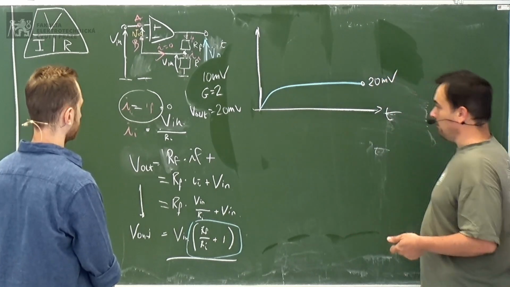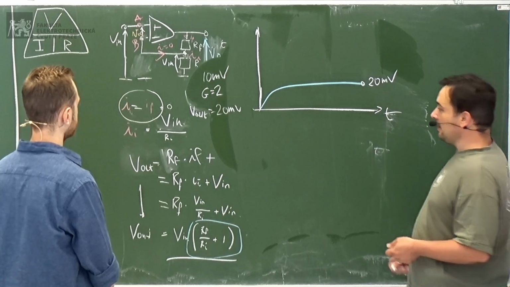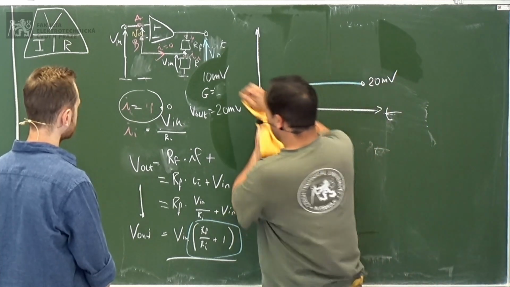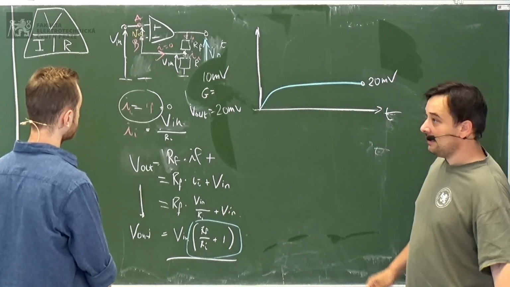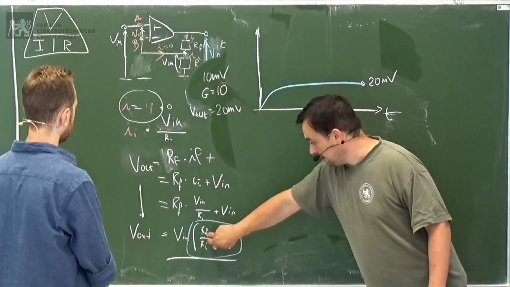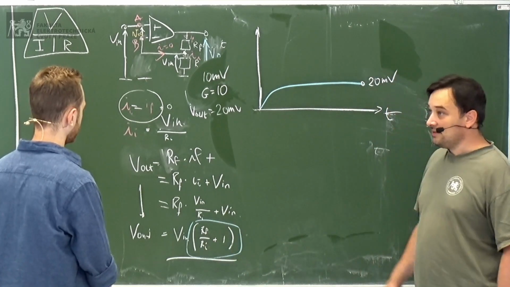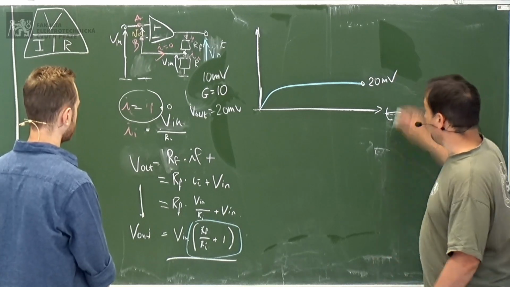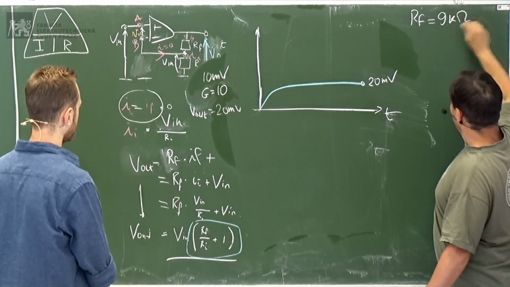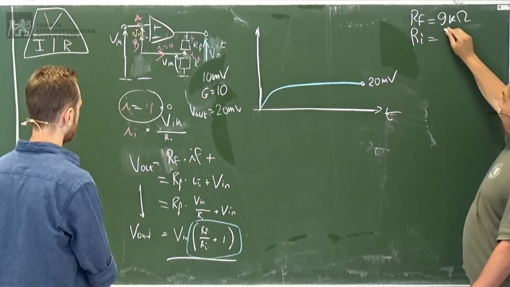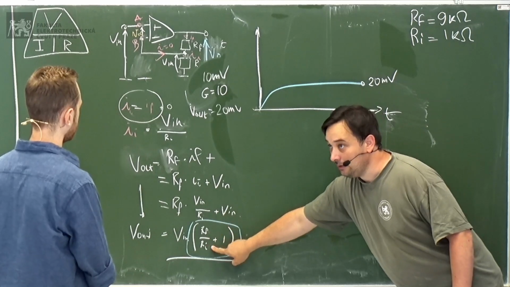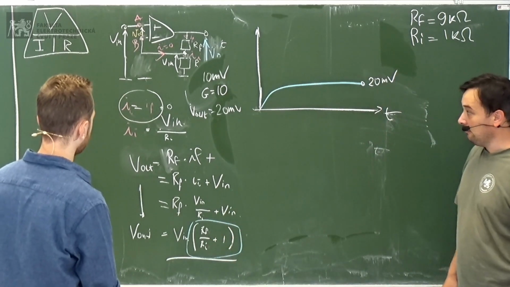Now, let's say that at the input we still have 10 millivolts, but we change the gain. The gain becomes 10. How do you get a gain of 10? Remember that you have the feedback resistor divided by the input resistor, plus 1. If you choose a feedback resistor of 9 kilo ohms and an input resistor of 1 kilo ohm, you get 9 divided by 1, which is 9, plus 1, a gain of 10.